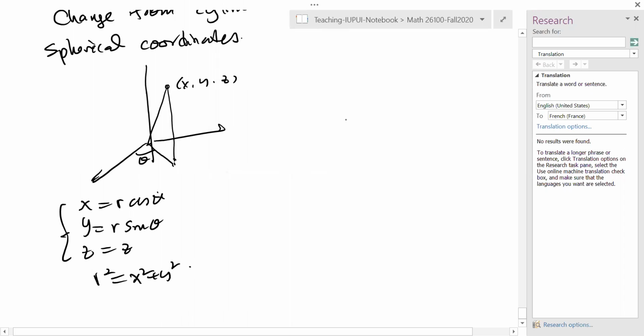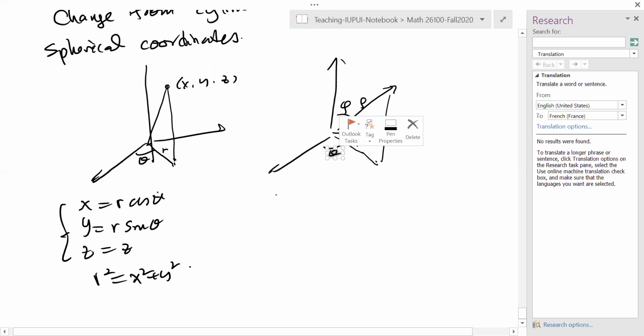Okay, for the spherical coordinates, it's a different way to do. Here r is here, and this is rho. Still get r, but this will be phi, and then this will be angle theta. So x is going to be still r cosine theta, but r is rho sine phi.